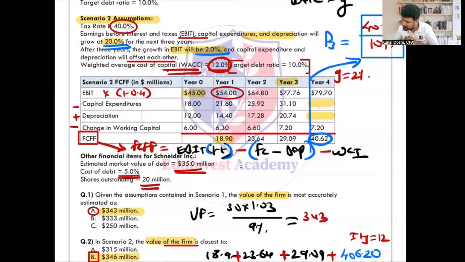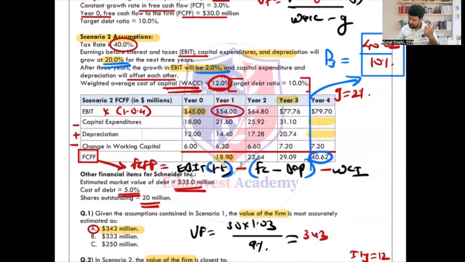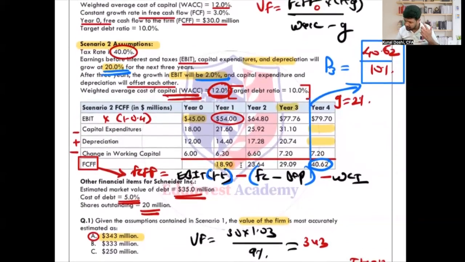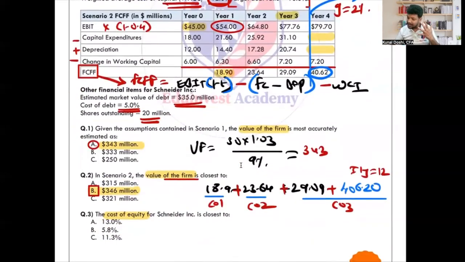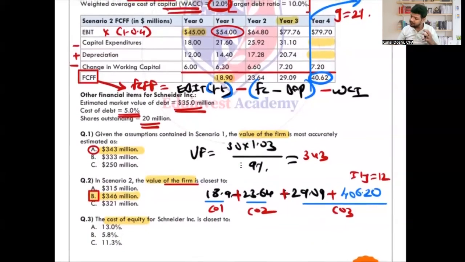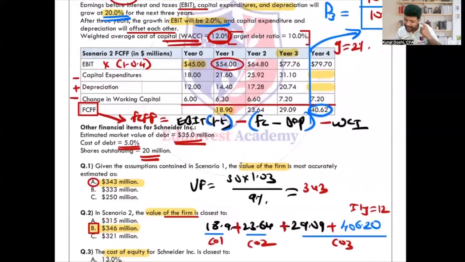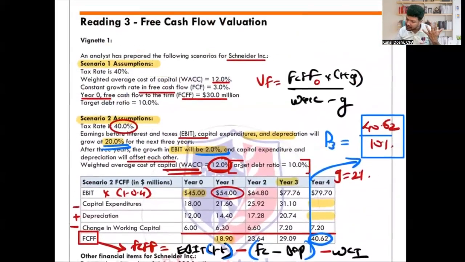We have the market value of the firm, so we can also find the market value of equity. They have provided us with the cost of debt and tax rate, so I have 1 minus T, correct?